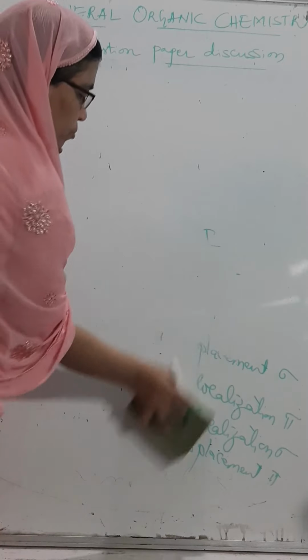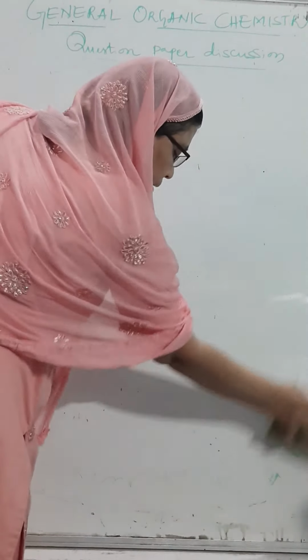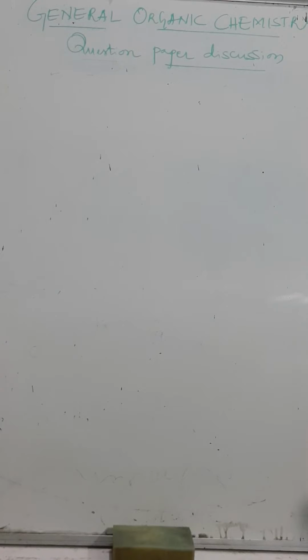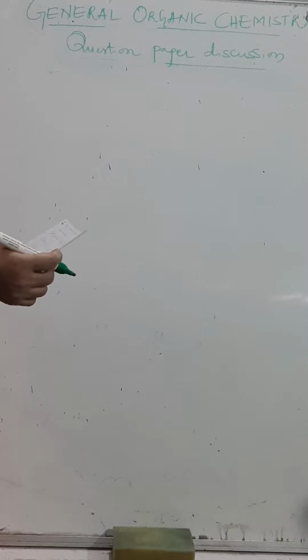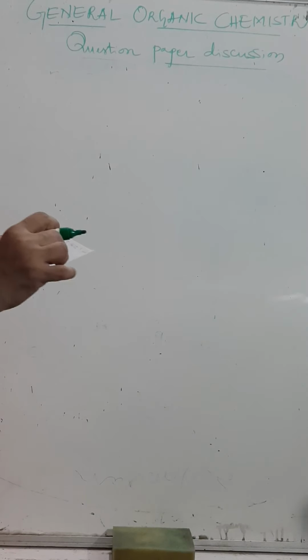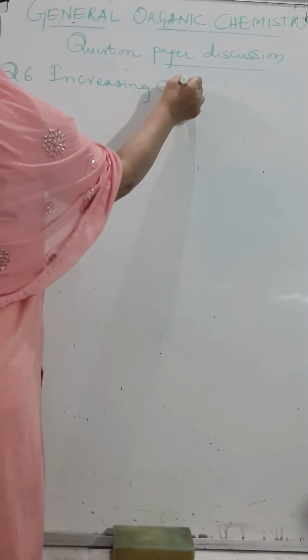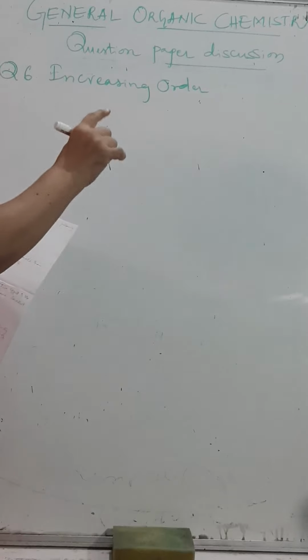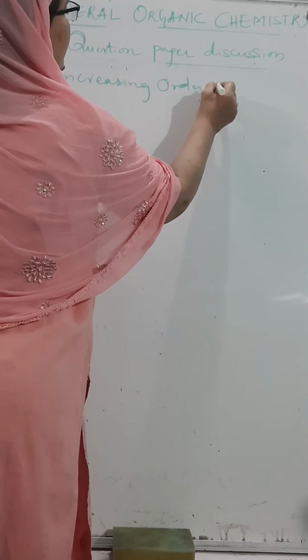Okay, let us move to question number 6. The increasing order of stability of the following free radicals.